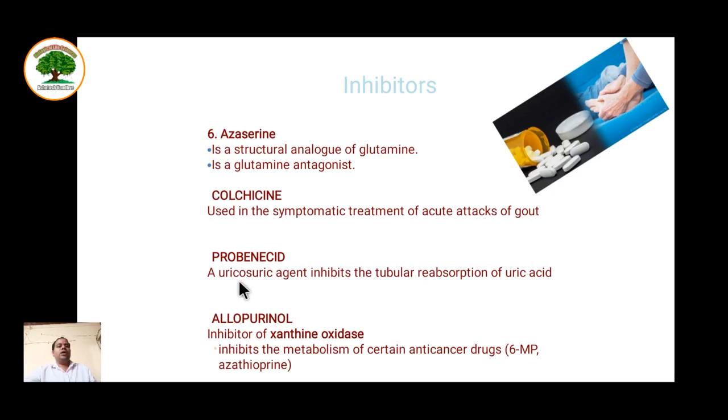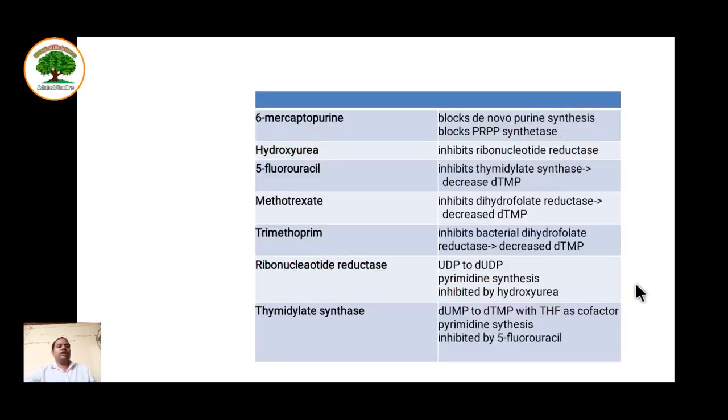Probenecid is a uricosuric agent that inhibits the tubular reabsorption of uric acid. Due to this, there is excretion of uric acid. Allopurinol inhibits the xanthine oxidase enzyme and it inhibits the metabolism of certain anti-cancerous drugs. So these were the different inhibitors.